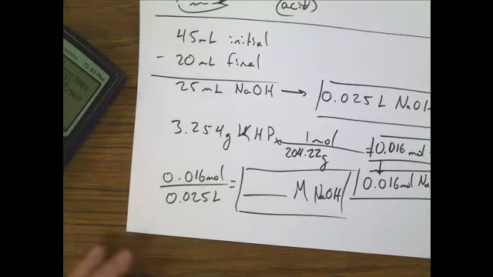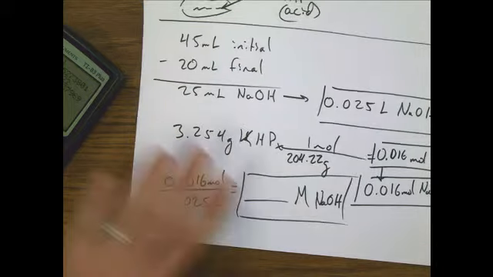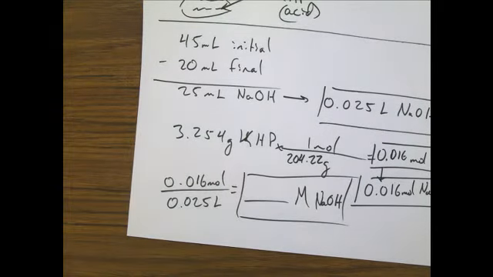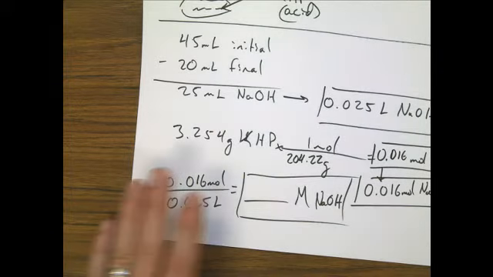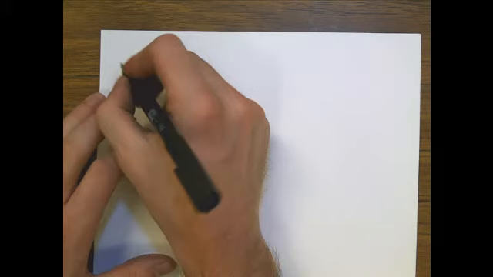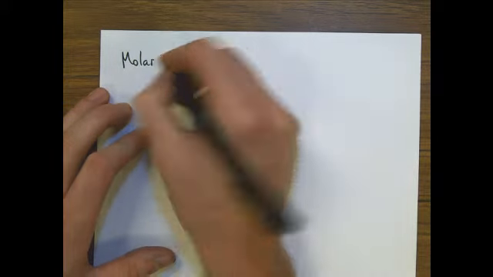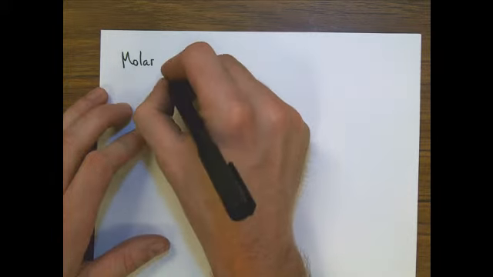Now what we're going to do is we're going to get into the next lab that you're going to be doing, which is going to be part of your test. And it's actually going to be written in your lab notebook, so you're going to actually have to write out the following information. So, the next lab that we're going to be doing is going to be titled the molar mass of a diprotic acid. So, this is what you're going to write in your table of contents.